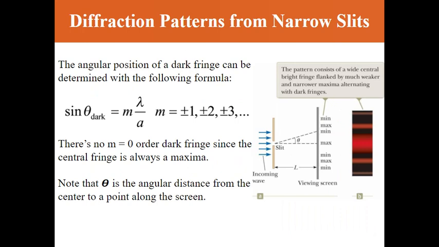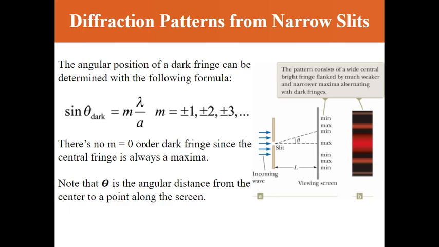Basically, it turns out that the points where dark fringes occur, you can figure them out based on just the width of the slit and the wavelength of light you're shining through. So we have a formula for figuring out the angle from the center of the screen to the dark fringe based on the order of that fringe.